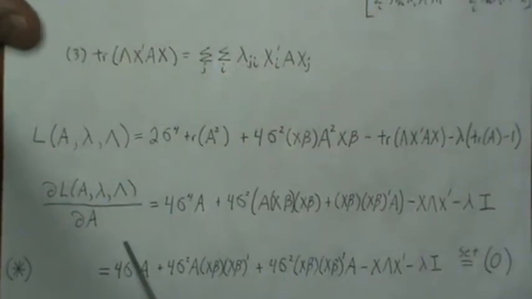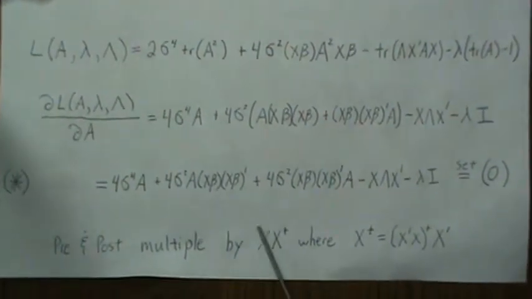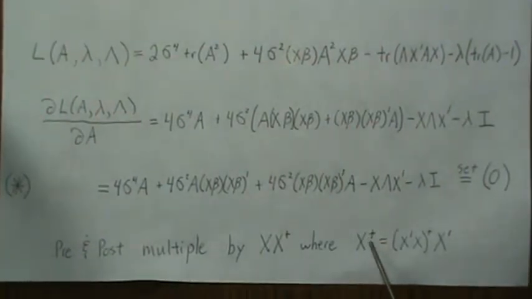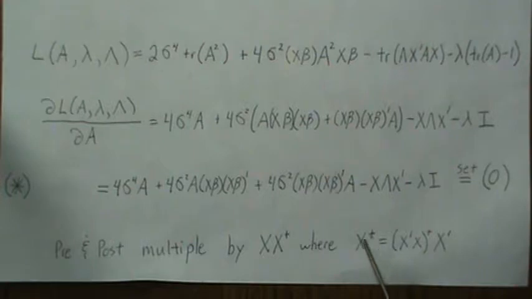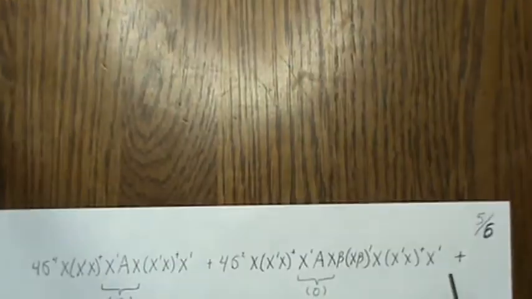Now this equation we're going to call star, and we want to pre and post multiply by this quantity, where this is the Moore-Penrose generalized inverse. Okay, so we get this equation.